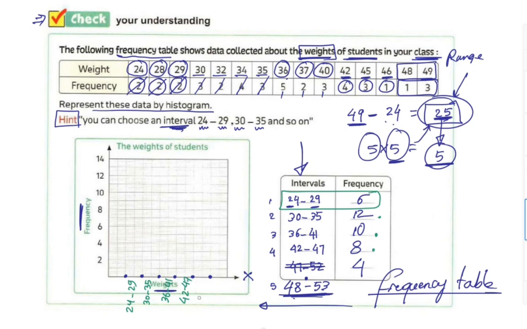Last one 48 to 52. Now I will draw the first rectangle, from 24 to 29. Here, 6 frequency. Where is 6? Here I will draw my rectangle, close it and hatch.